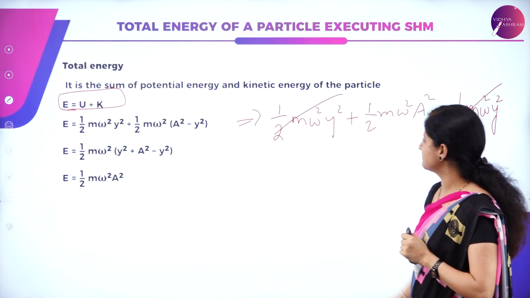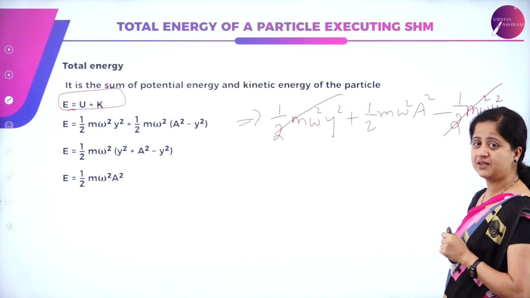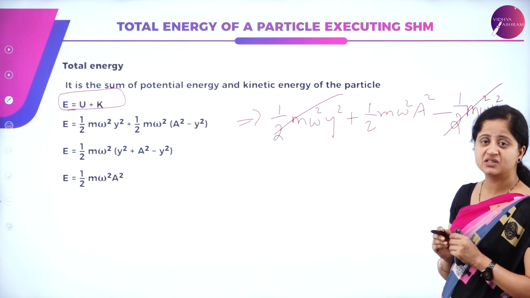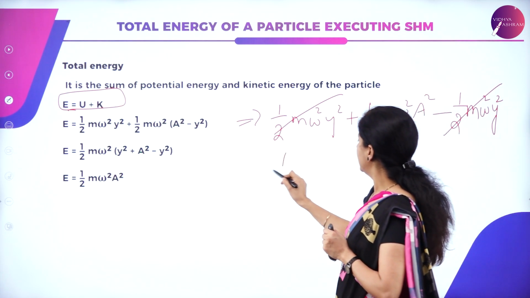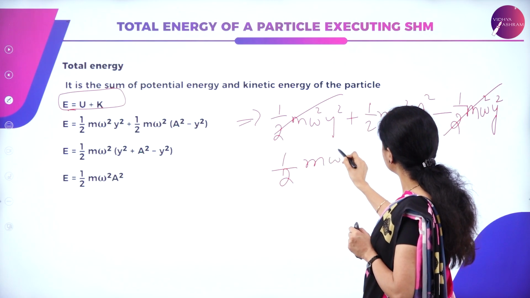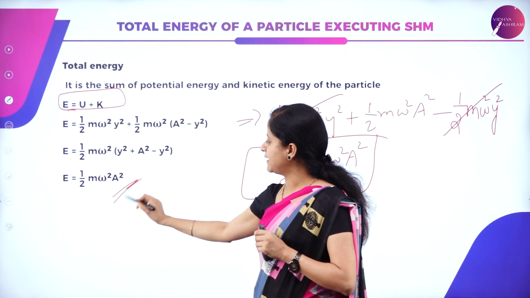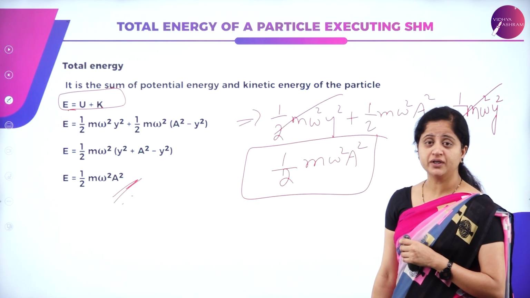Cancelling these two, that is plus half m omega square y square and minus half m omega square y square will get cancelled, and we remain with half m omega square a square, which is the expression for total energy of a particle undergoing simple harmonic motion.